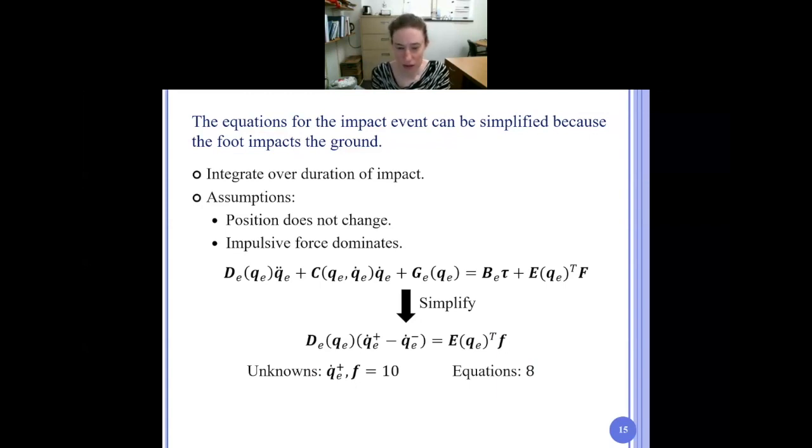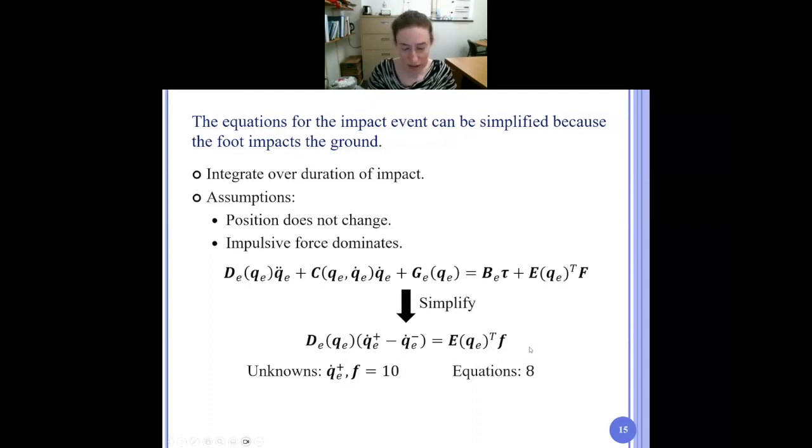And we can also assume that the impulsive force that occurs because the front foot slams into the ground dominates all the forces. So that means joint torques and gravitational forces are insignificant. With those assumptions, we simplify down to this algebraic equation.